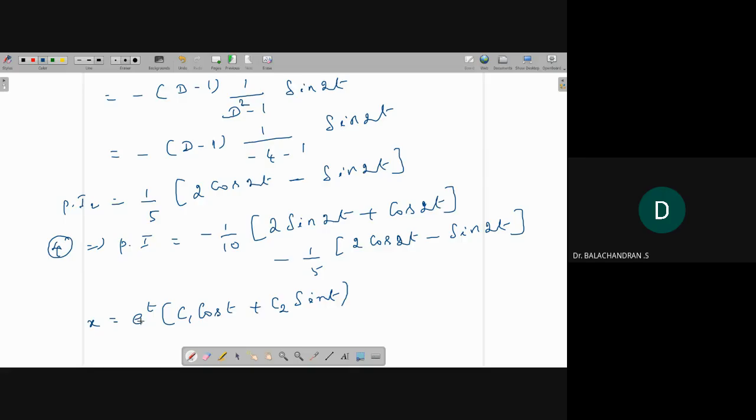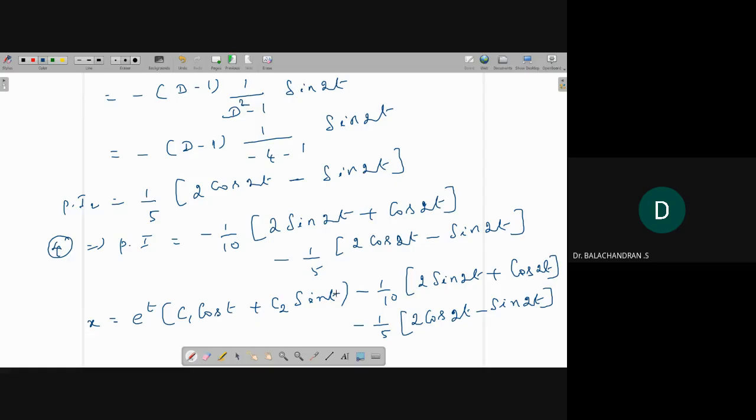This is the complementary function, and the particular integral is minus 1 by 10 into 2 sin 2t plus cos 2t, and then minus 1 by 5 into 2 cos 2t minus sin 2t. So I think we got x, but still we will simplify this one.